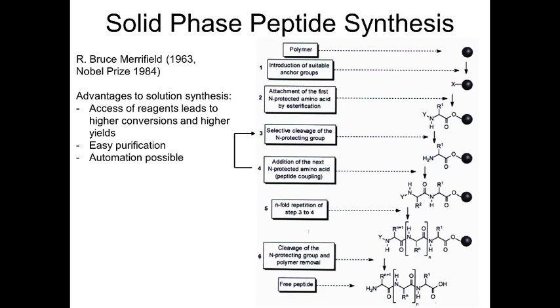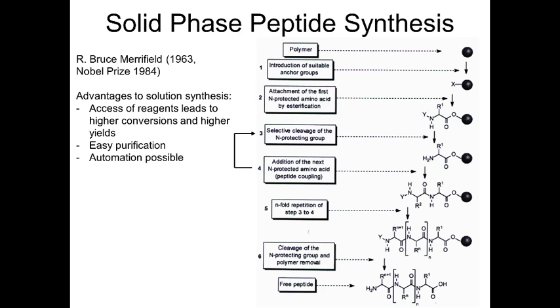What you need to do then is remove the transient protecting group for N-alpha. You then have a free amine group, and this free amine group can react with an appropriately protected amino acid that contains an activated carboxylic acid to form the dipeptide. Steps 3 and 4 you need to repeat many times until you have reached the desired peptide.